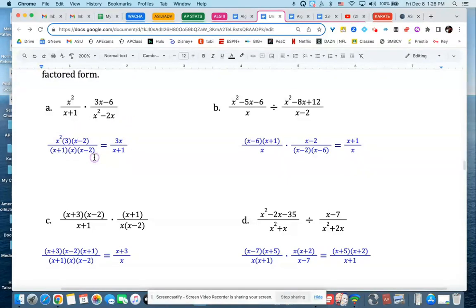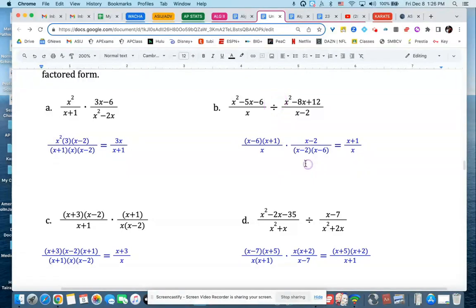And actually, I'm trying to factor stuff, sorry. So I'm taking this 3x plus or minus 6 and factoring out a 3. The reason I want to factor everything is because I want to try and cancel stuff, right? One of these x's will cancel one of these x's, x minus 2 and x minus 2 cancel, and you can see what you have left over, right? So factor it all out and cancel.